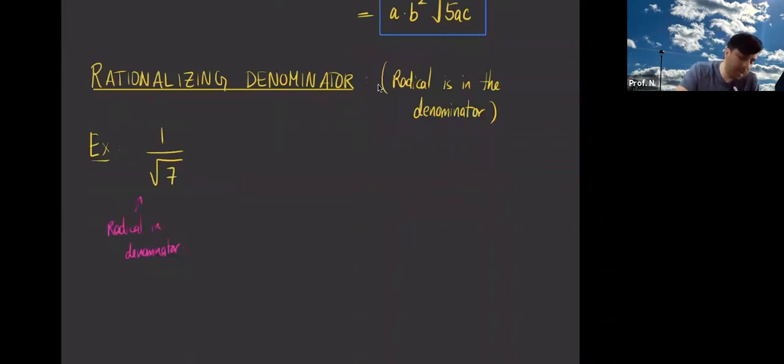That entails me to multiply by some number. I have to multiply by a factor that makes the denominator no longer irrational.